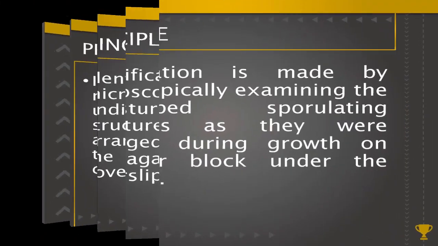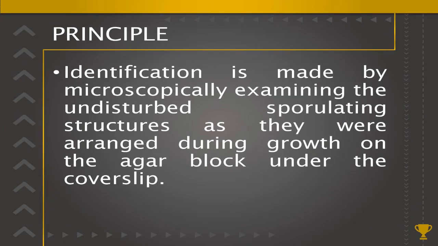The principle of this test is that fungi are inoculated in small blocks of nutrition-deficient agar medium, like Sabouraud dextrose agar or potato dextrose agar, covered with a cover slip and incubated. After incubation, the cover slip is removed from the agar block and placed on another glass slide, to which a dye such as lactophenol cotton blue may be added, and observed for microscopic structures.